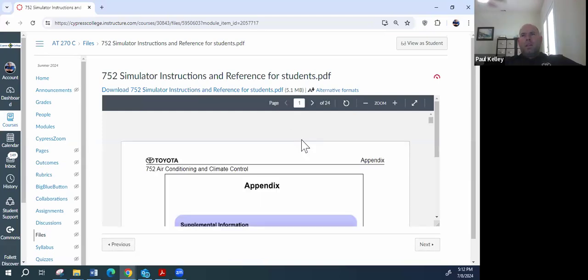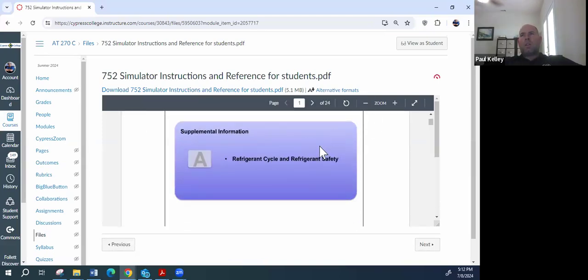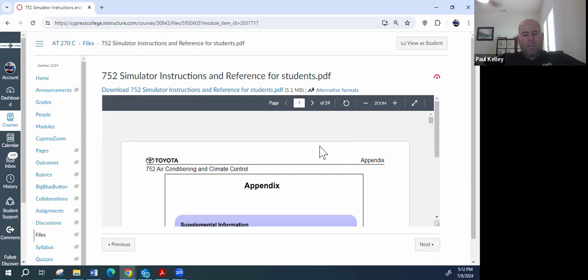All right. So this is the appendix and the 752 simulator resources. Because I already have it, I just wanted to show you how to download it. And this is the reference. Let me pull this up.